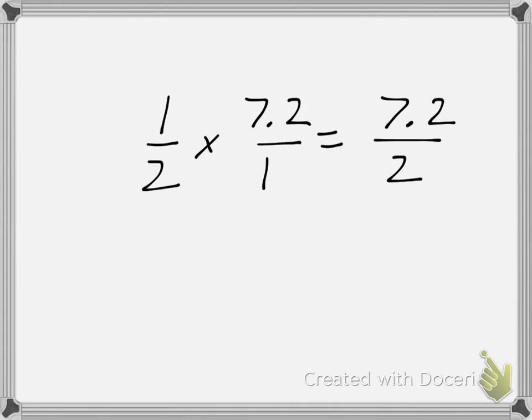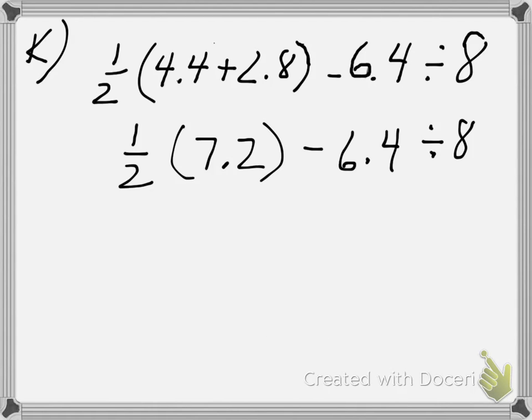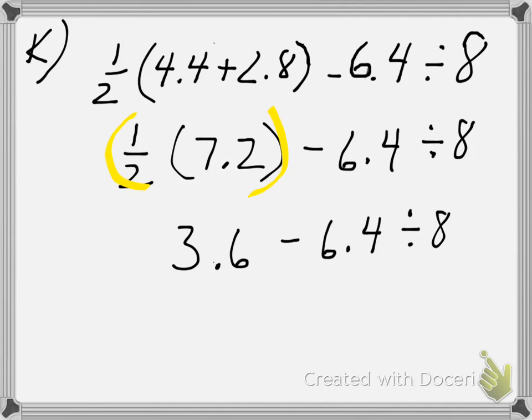And then a fraction is a division problem. 7 and 2/10 divided by 2. 2 goes in there 3 times, which is 6. That gives us 12, and 2 goes into 12 6 times. And our decimal point comes right up. 3 and 6/10. So this now, right here, became 3 and 6/10. And then we bring down the minus 6.4 and the divided by 8.